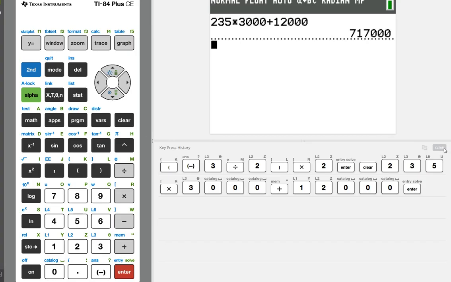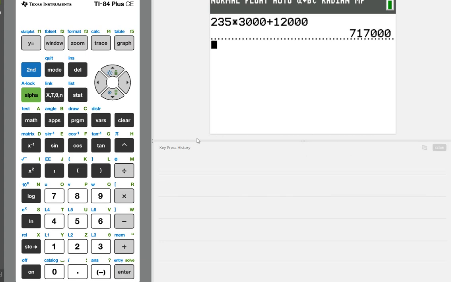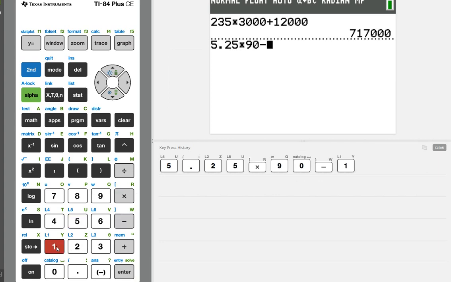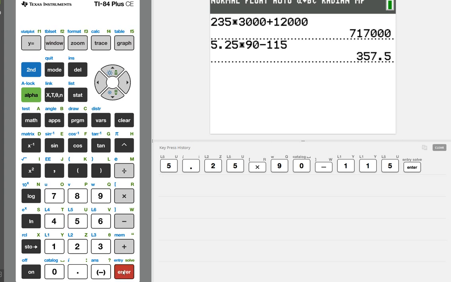So let's take a look here. So 5.25 times 90 minus the 115. So $357.50. Good. Good.